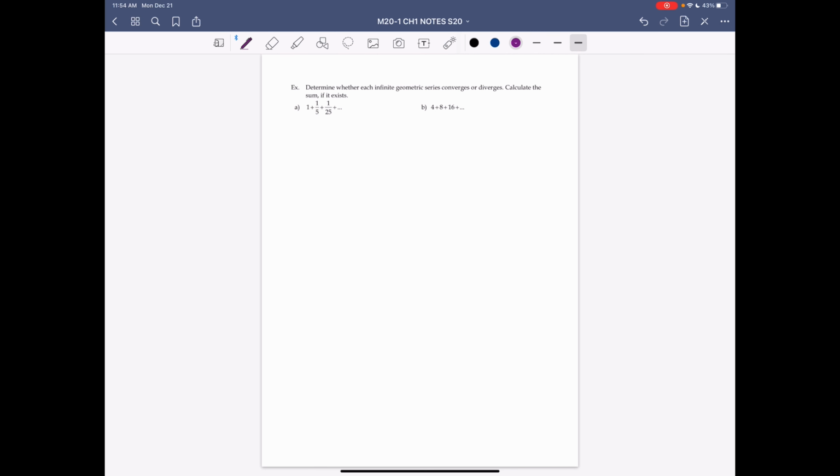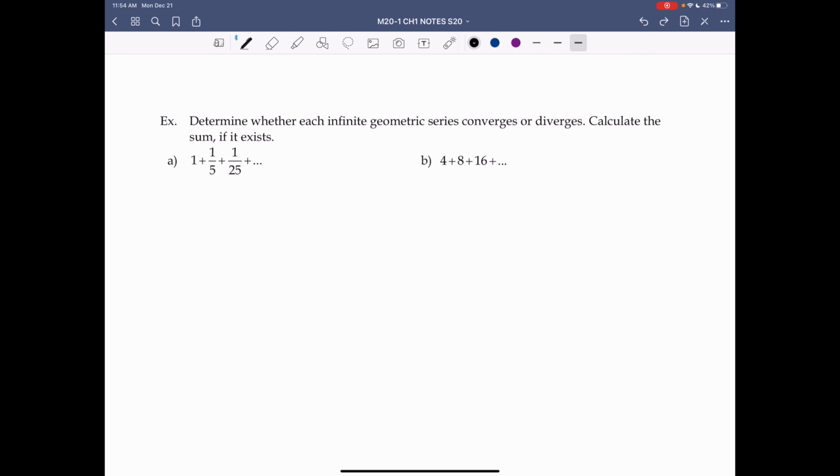Determine whether each infinite geometric series converges or diverges. Calculate the sum if it exists. To determine if an infinite geometric series converges or diverges, we need to know the value of R. If R is between -1 and +1, so bigger than -1 but smaller than +1, then the series converges.